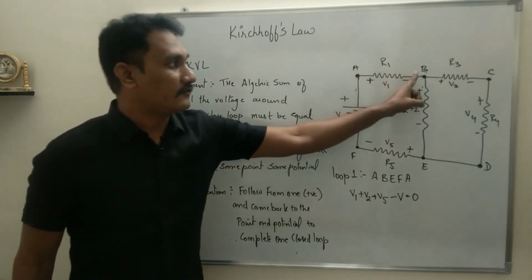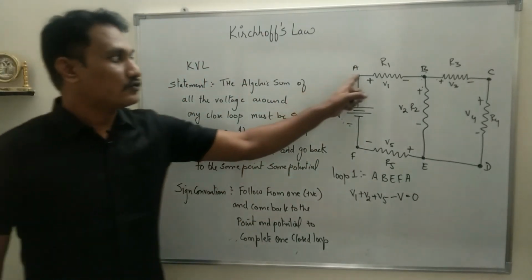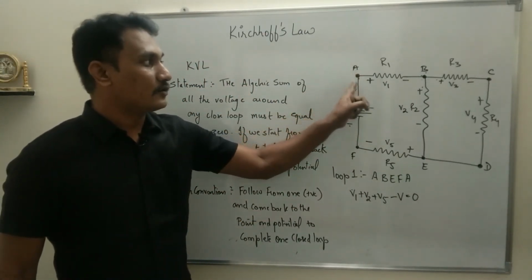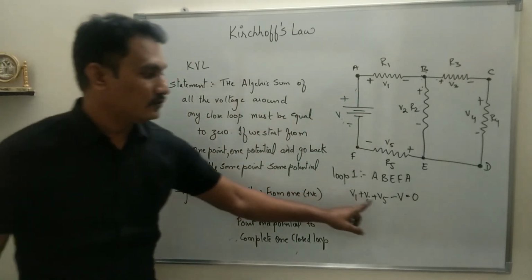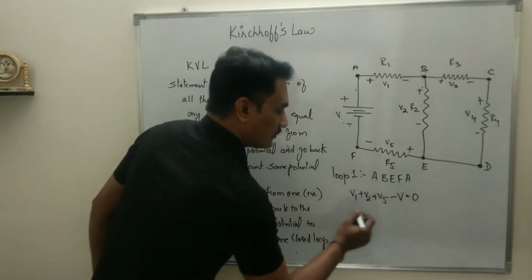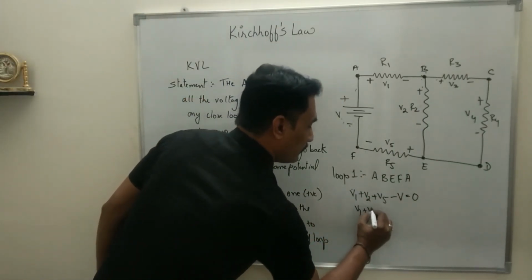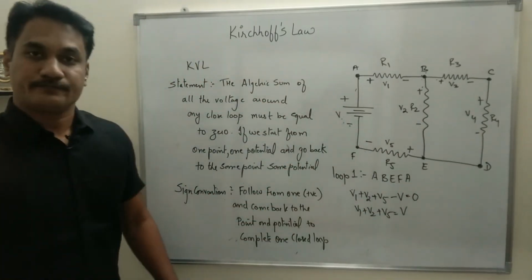This is the first example, A, B, E, F back to A, a closed loop starting from one point, one potential, going back to the same point, same potential. So the algebraic sum must be equal to 0. So that is what we have done. This is the equation, or I can say V1 plus V2 plus V5 equals V.